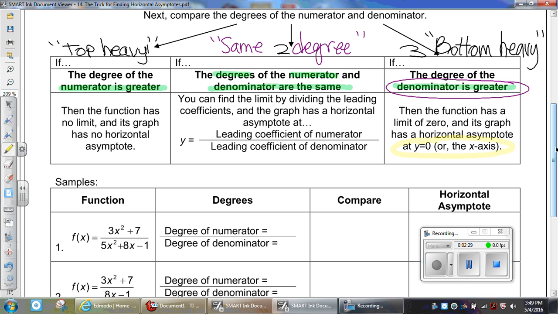Always, always, always. Now, if the numerator is greater, then that one is pretty easy too because you simply have no horizontal asymptote. Now, what happens if we have the same degree? Well, if we have the same degree, we have to think a little bit and divide the leading coefficient of the numerator divided by the leading coefficient of the denominator.